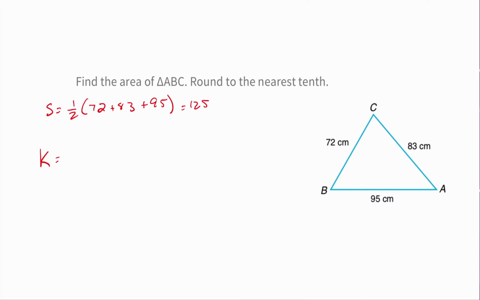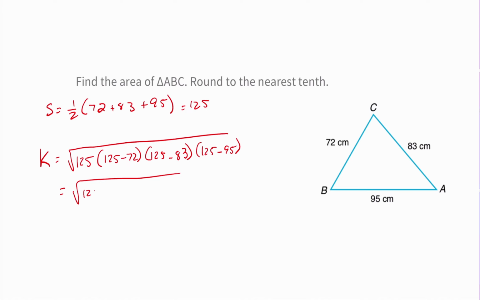And then the area is going to be the square root of 125 times 125 minus 72, 125 minus 83, 125 minus 95, which is 125 times 53 times 42 times 30, and then you take the square root of that and plug that into your calculator, and that's 2,889.2 square centimeters.